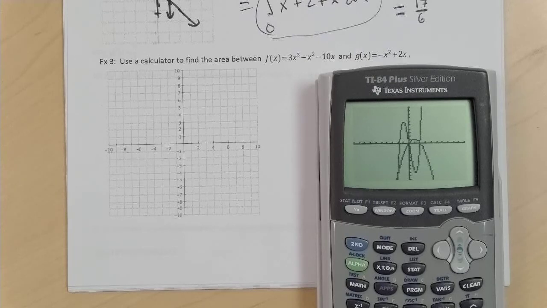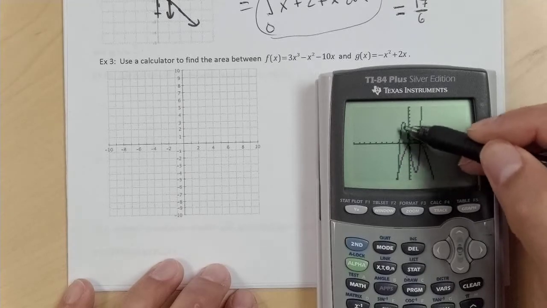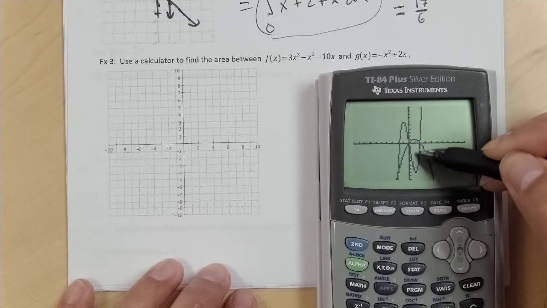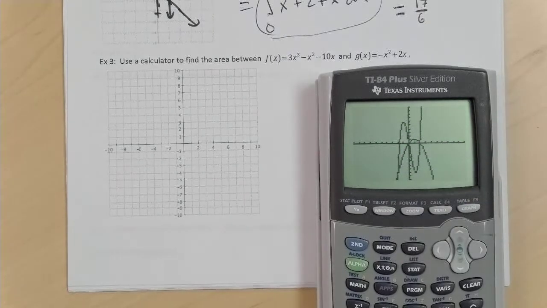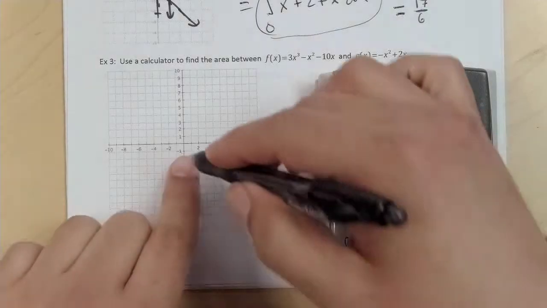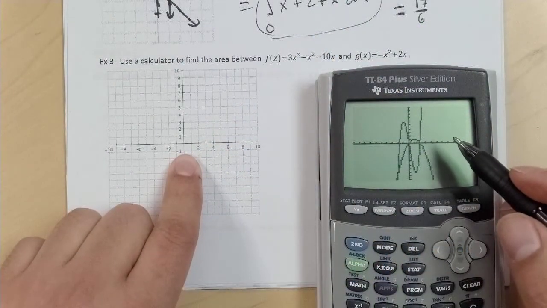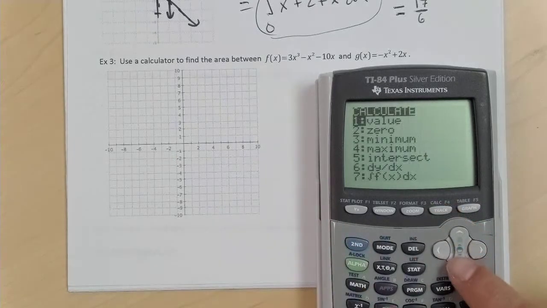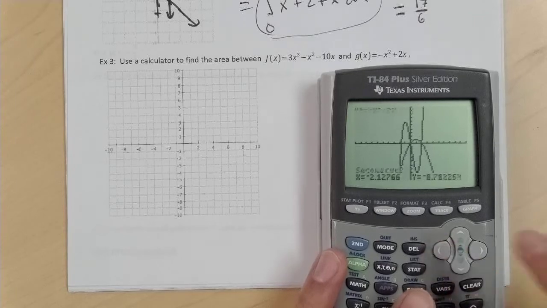And so we're looking for the area over here combined with the area here. Do you guys see how upper curve and lower curve flip-flop halfway through? So in this scenario, we have to set up two integrals. That's the only difference. Okay, so let's sketch what we got going on here. For the cubic, let's go ahead and find the intersection points. We want to figure out where these things meet.